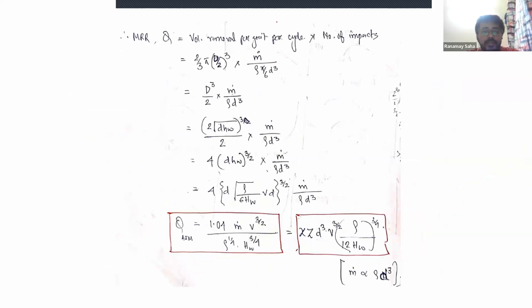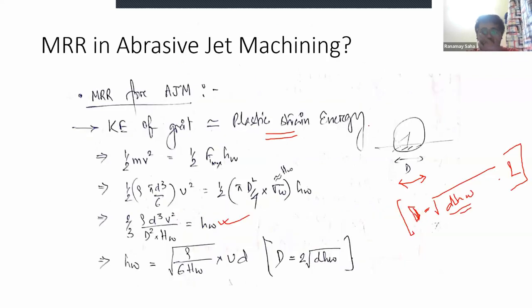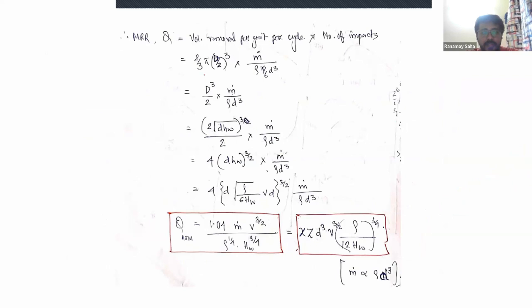That should actually be dependent upon the volumetric removal per grit per cycle into the number of impacts. So the volumetric removal is simply, considering this as a hemisphere, the indentation volume removed can be considered as 2/3 of pi d by 2 cube.